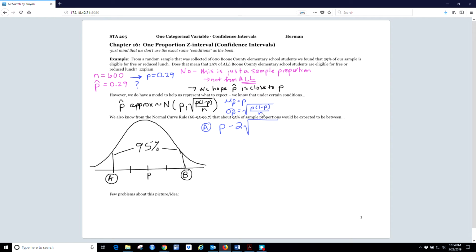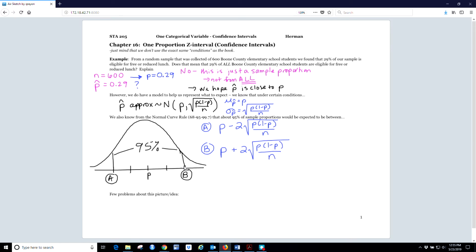What's my standard deviation? We just said up here it's the square root of p times 1 minus p over n. And similarly, to get to B, instead of subtracting 2 standard deviations, we're adding 2 standard deviations. So that's just P plus 2 times our standard deviation. Hopefully that part makes sense from what we've learned before.